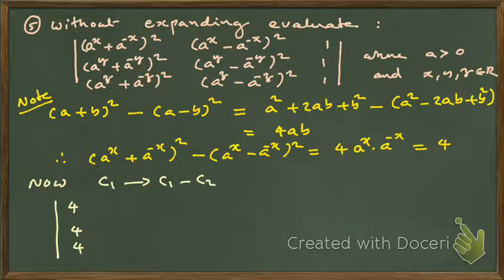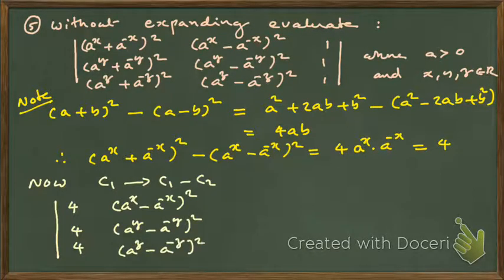But that actually works out to 4 into 1, 4 into 1 and 4 into 1. That's 4, 4, 4. I only worked it out for one of them. It works exactly the same way for the other two as well. So C1 changes to C1 minus C2 gives me 4, 4 and 4. Now C2 I will copy the same and C3 I will copy the same.